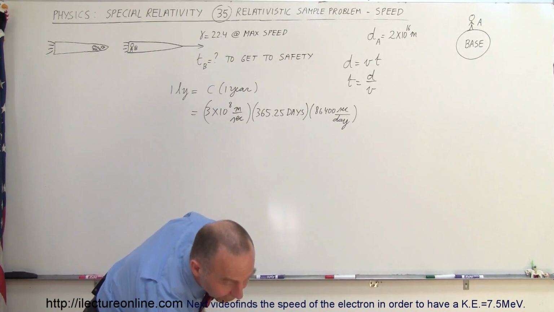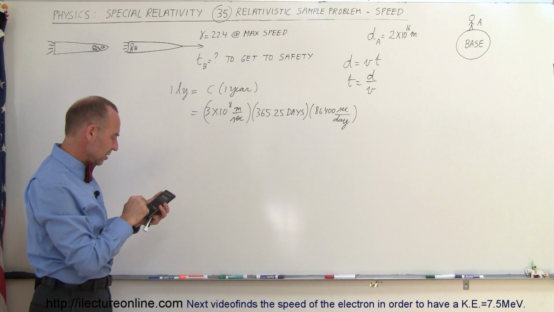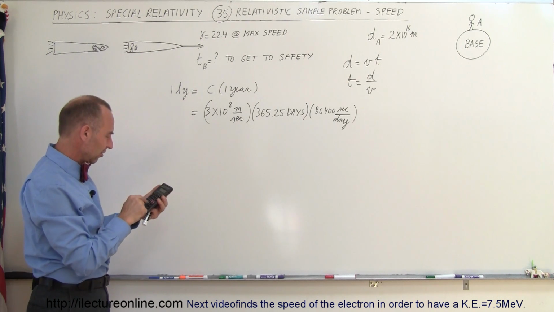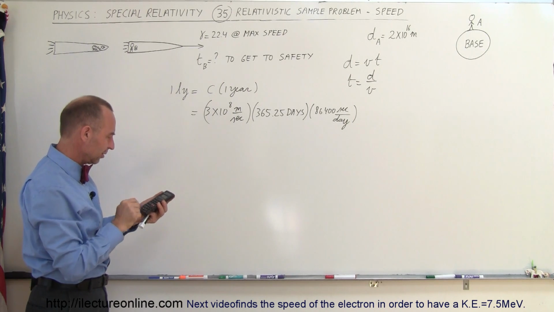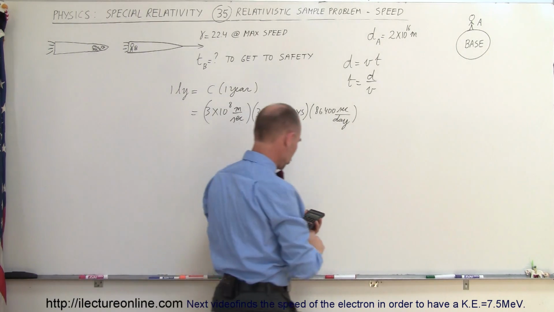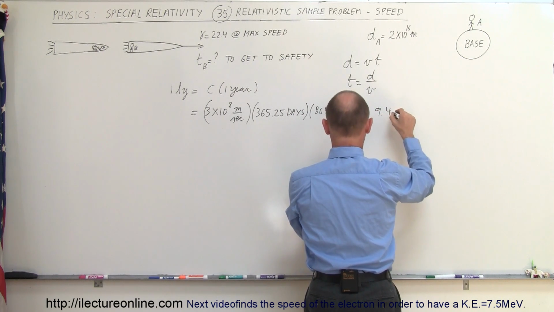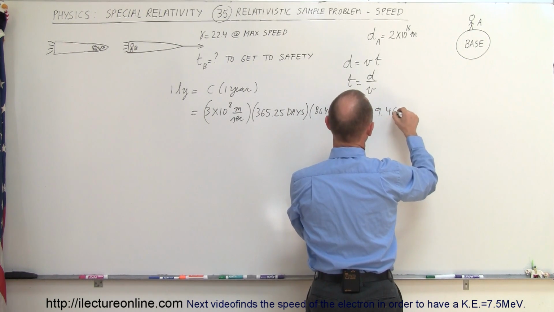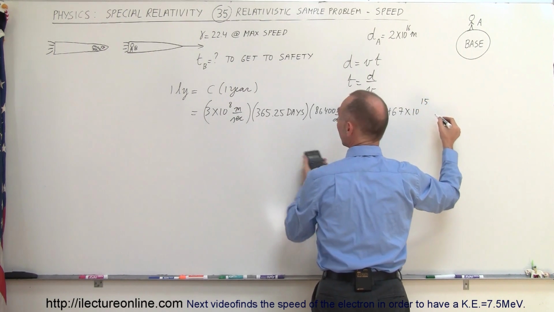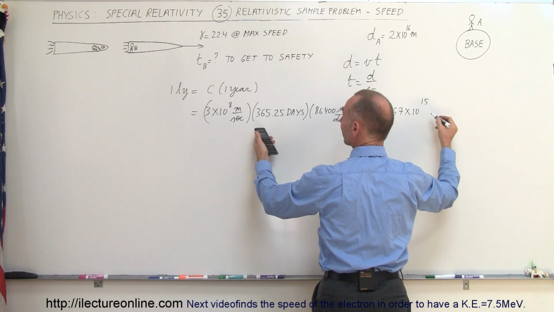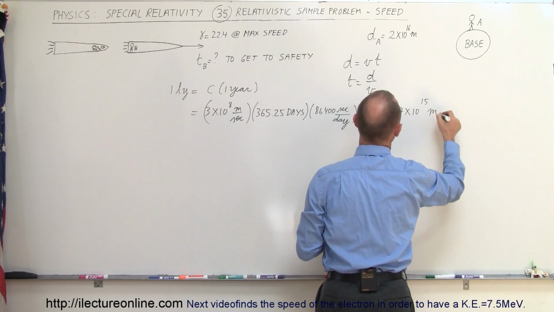Let's see how far 1 light year is. So 3 times 10 to the 8 times 365.25 times 86,400 is equal to 9.467 times 10 to the 15th, and that is of course a light year. That would be in meters because everything else cancels out.